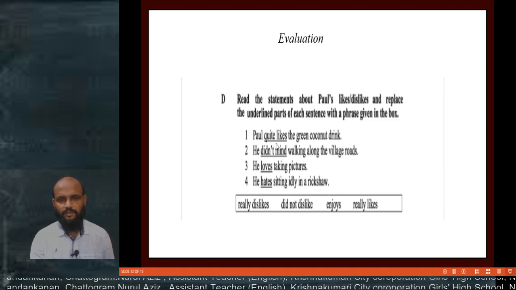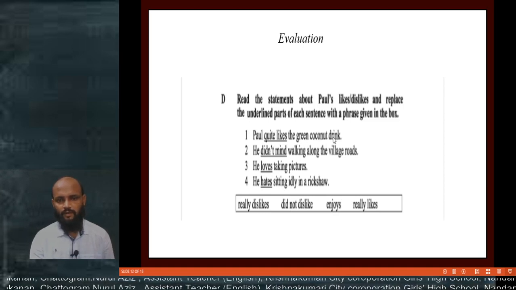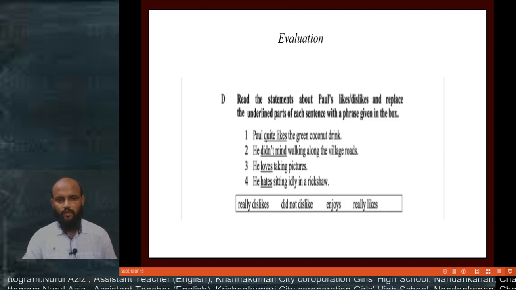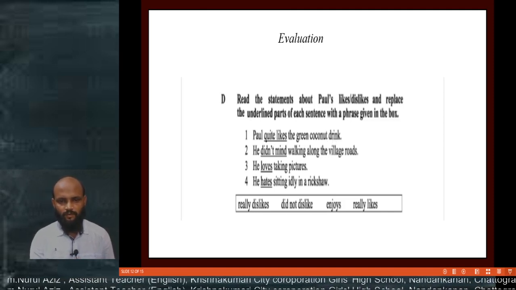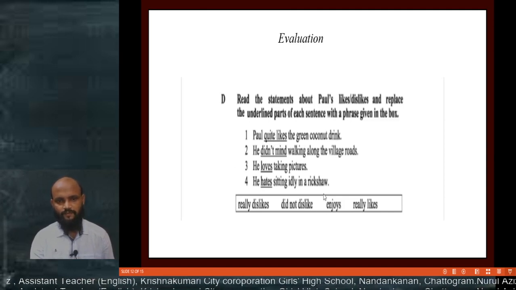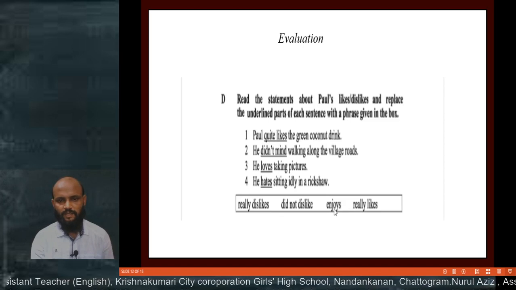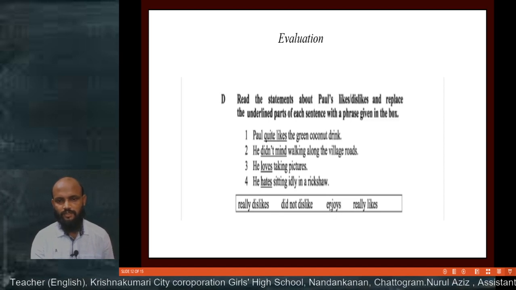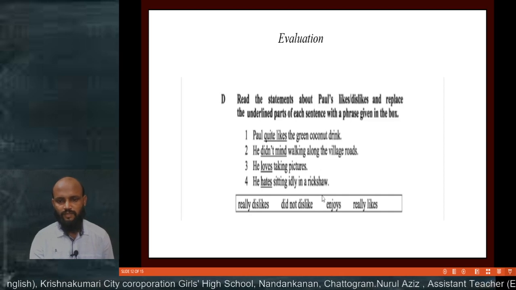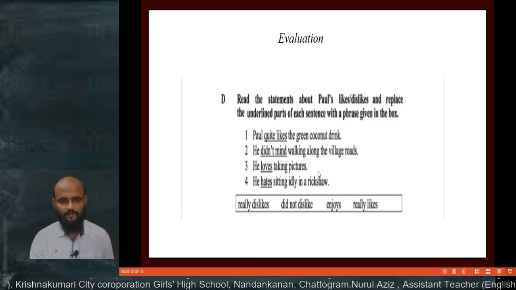Paul quite likes the green coconut drink. Which word should replace this quite likes? I think you can say enjoys. Enjoys can be replaced with quite likes. So enjoys means quite likes.